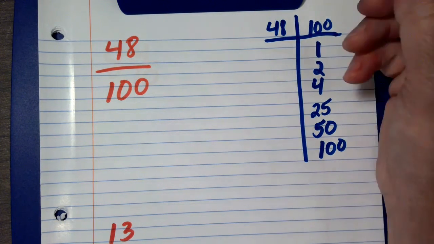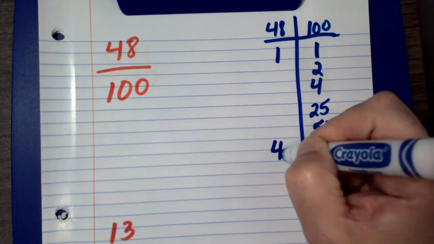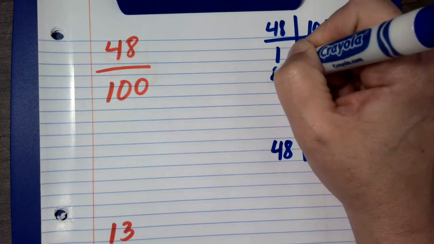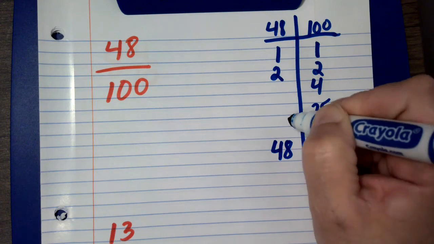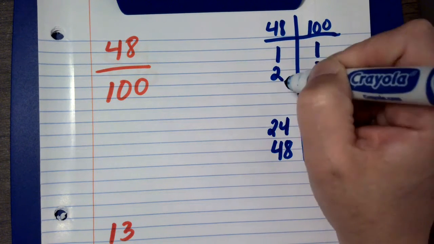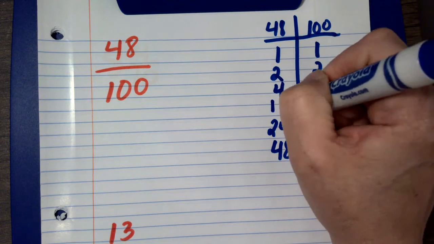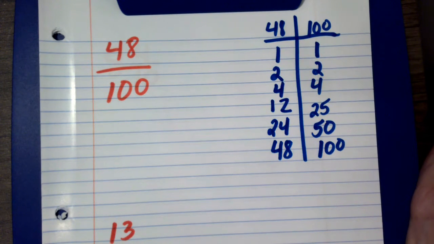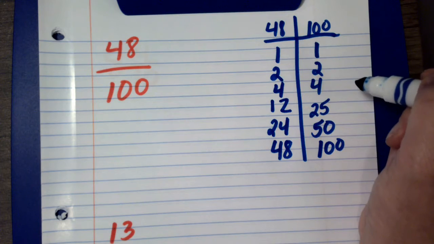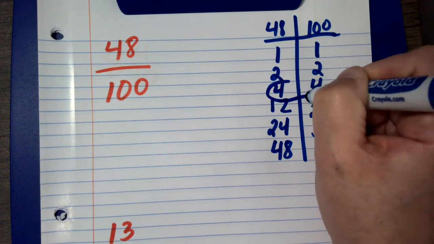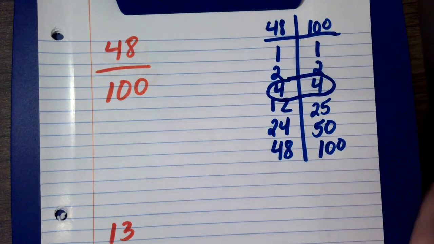For 48, I'm going to do 1 and 48. I'm going to do 2 and 24. And I'm going to do 4 and 12. And right now I see that I have 4 common between the 2 of them, and I'm going to go ahead and use that 4.